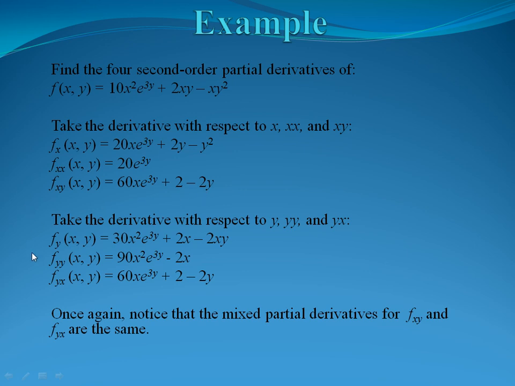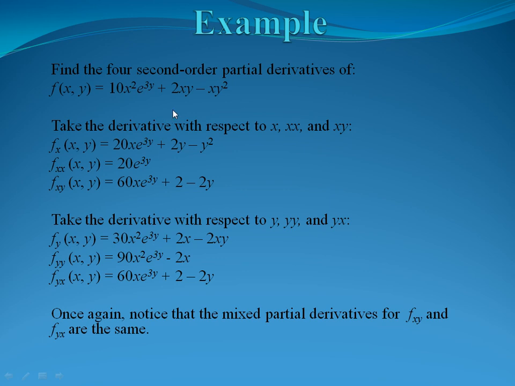So now we want to focus on the first partial with respect to y. So we go back to the original function and we say, okay, now y is our variable and x is our constant. So for the first term, the y is up here with the e, so it's the e term that's our function, 10x squared just a constant. So when we take the derivative of e to the 3y, a 3 comes out, giving us 30x squared e to the 3y.